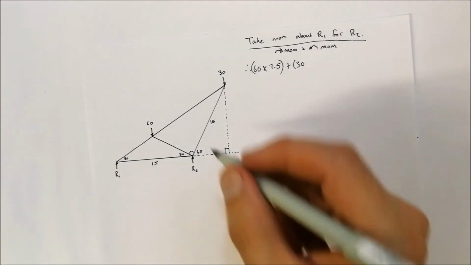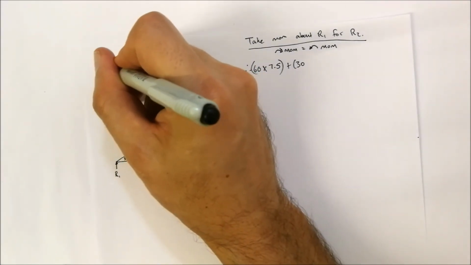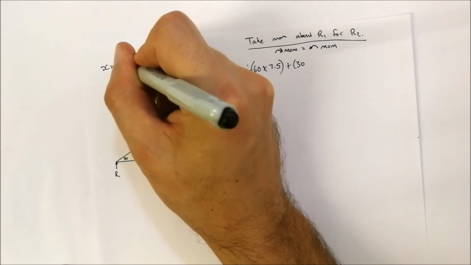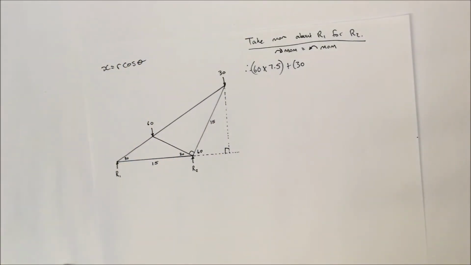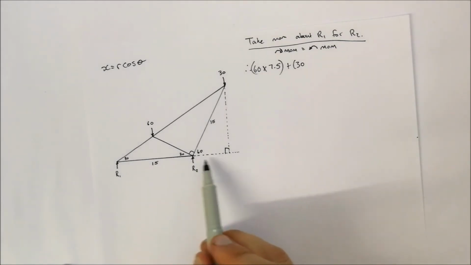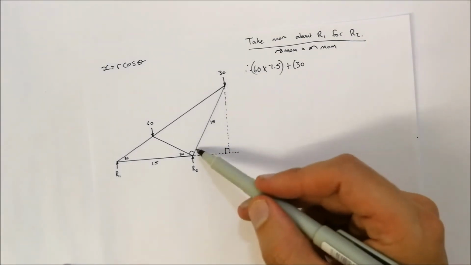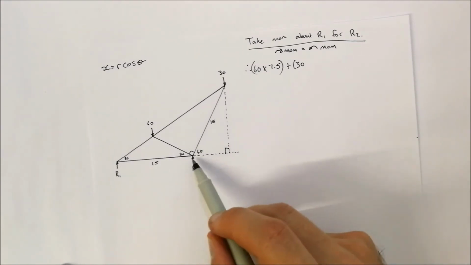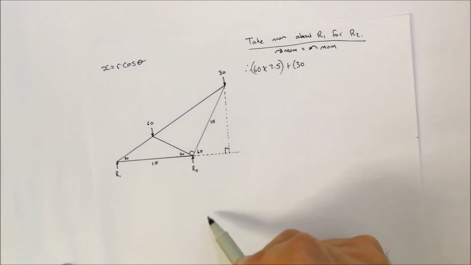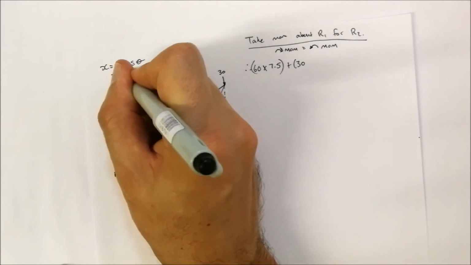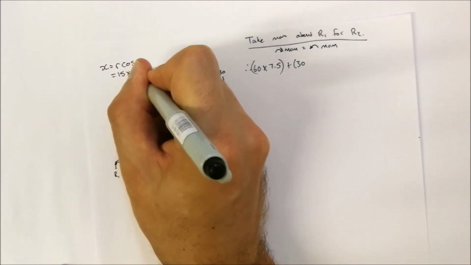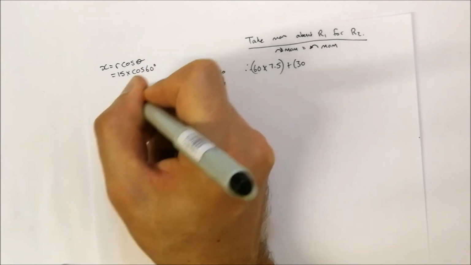Now we know the formula x is equal to r cos theta. So needing to get this x over here, we know what r is, that is this 15, and we need to identify what this x value is. So that's equal to 15 multiplied by cos of 60 degrees.